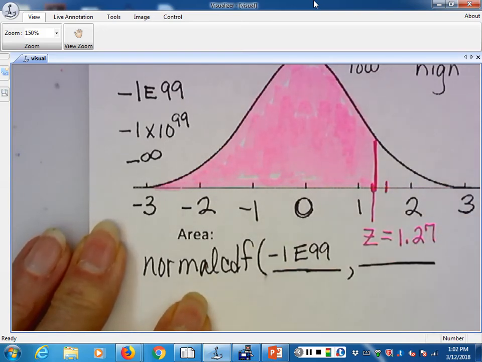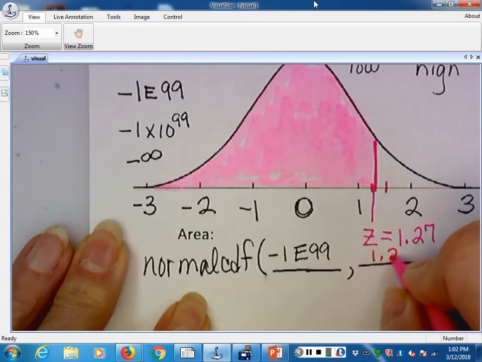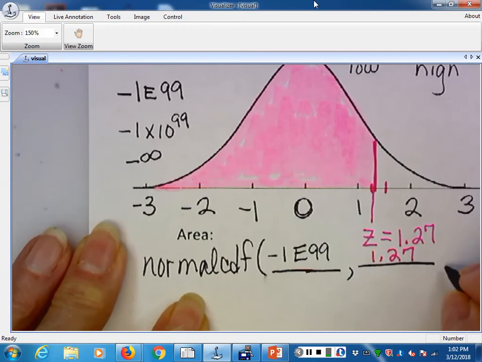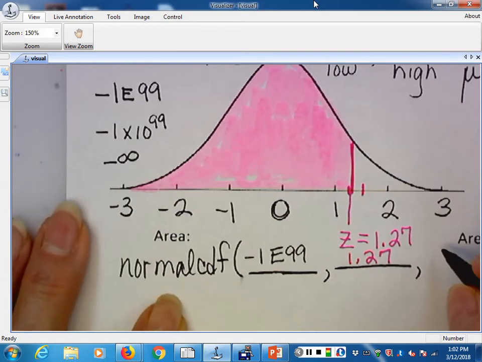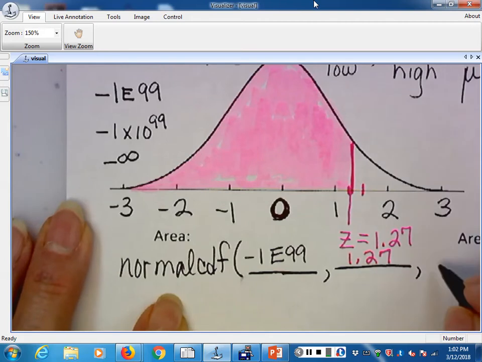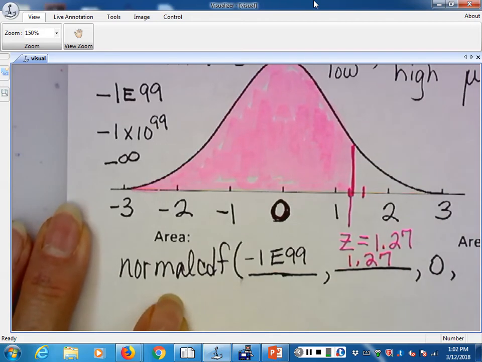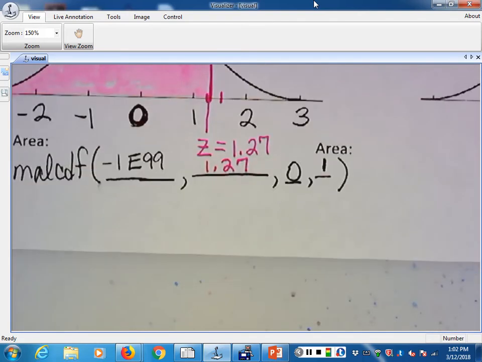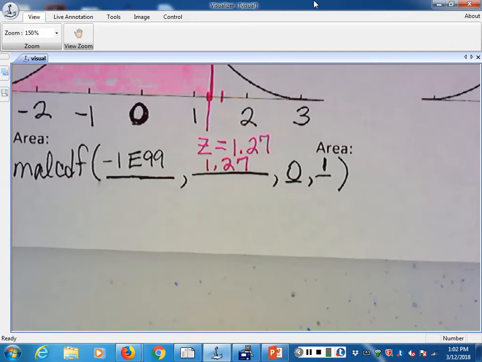We're going to enter in z equals 1.27 as our upper number. The mean of a normal distribution is 0. And the standard deviation of a normal distribution is 1. That's the command that we're going to use.